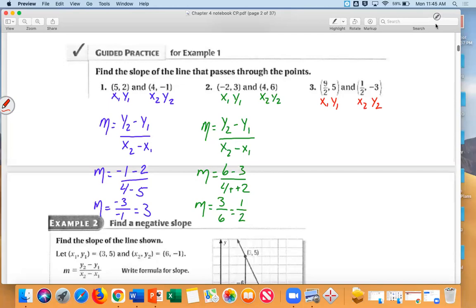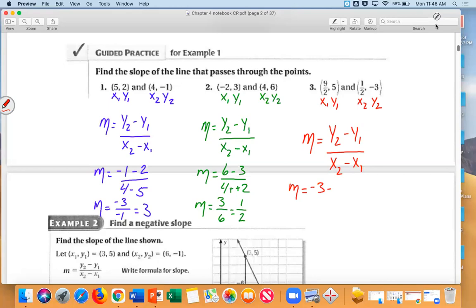Last but not least, this one is like, don't want to do this because it's got fractions, right? But you guys have a calculator, so we can kind of type it in. We're still going to do the same thing, y2 minus y1 over x2 minus x1. And then I'm going to substitute it in.